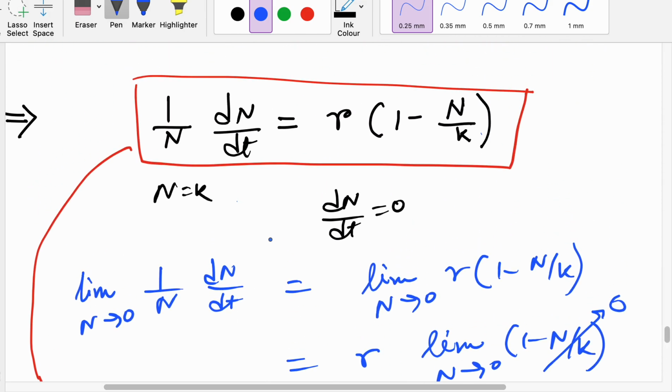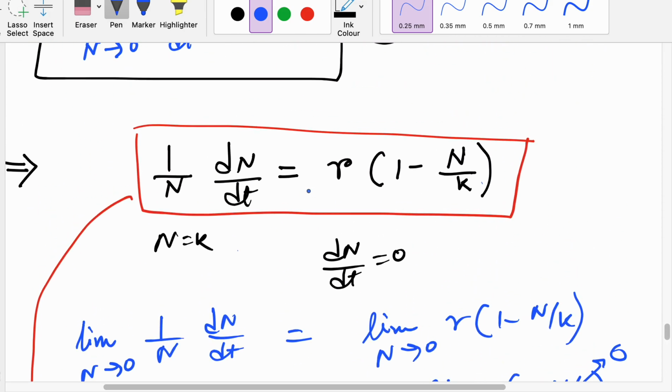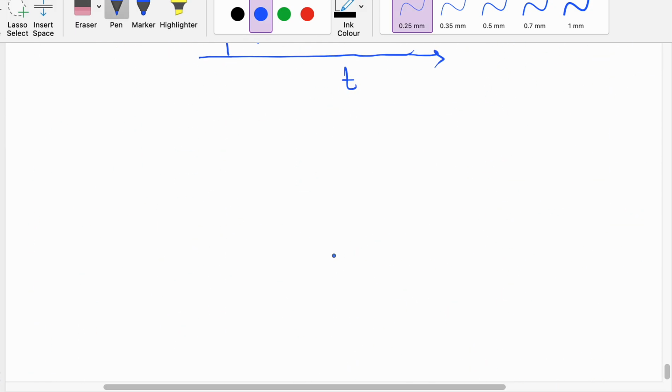Now, if you ask me, is there any other method to see where the final state of these equations is, at least where the size of the population will reach?